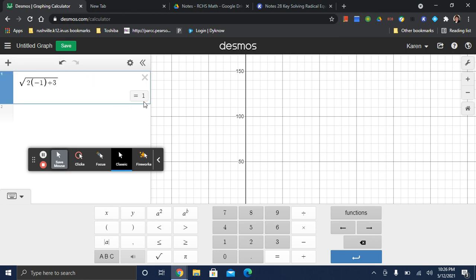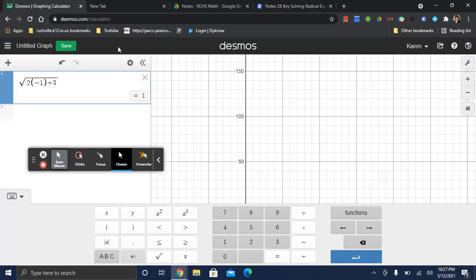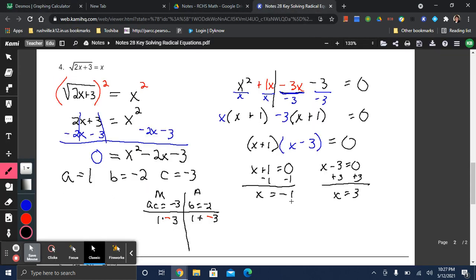And this says that the answer is 1, but on our paper, it says that it equals the x, which is -1. So 1 does not equal the x, the negative 1. And so this answer, x equals negative 1, does not check. So the square root of 2 times the negative 1, I wanted to write that in red.